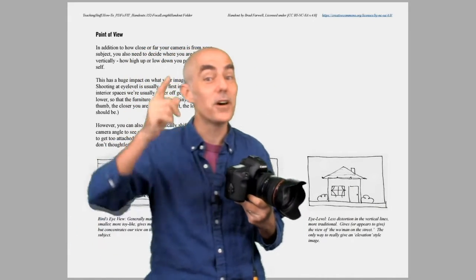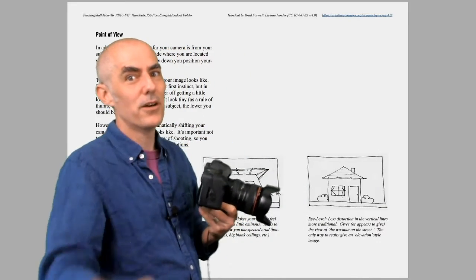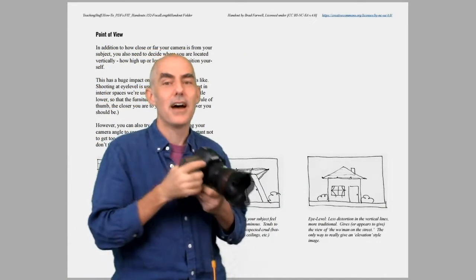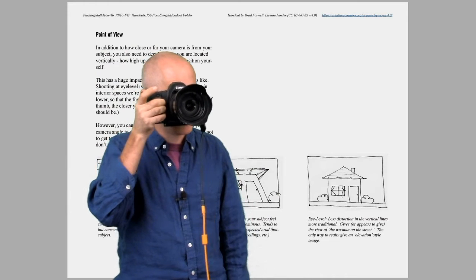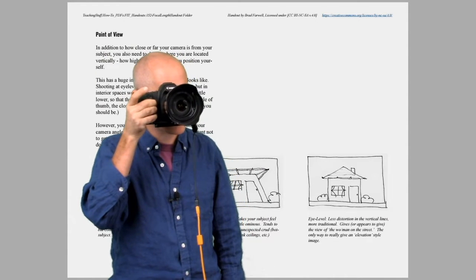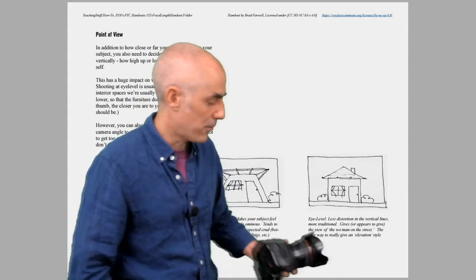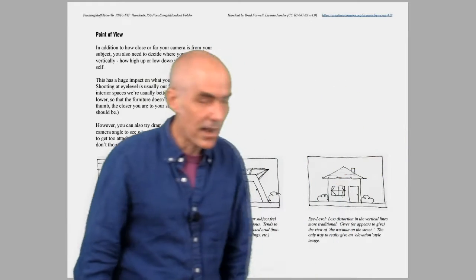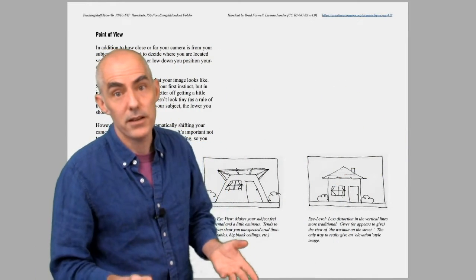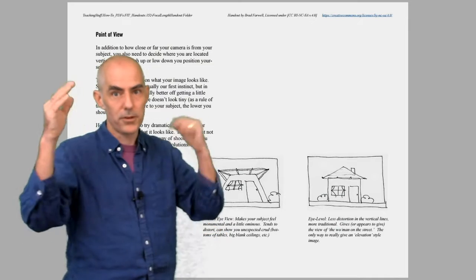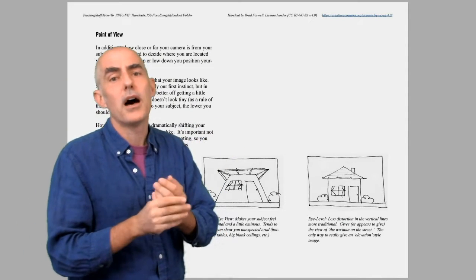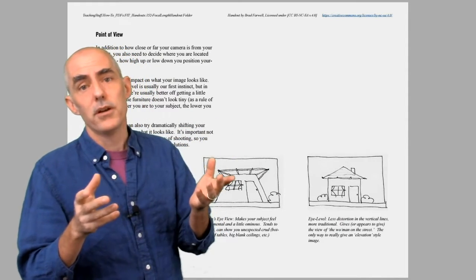Some of you are like, no, I see things with my nose. I'm like, okay. So we tend to just put the camera up here and take a picture that way. Now, I certainly understand that, right? That's where my eyeballs are too. My eyeballs are probably a little shorter than some of yours, but that's our point of view.